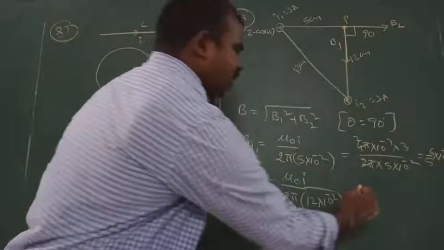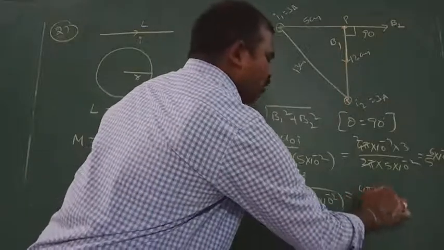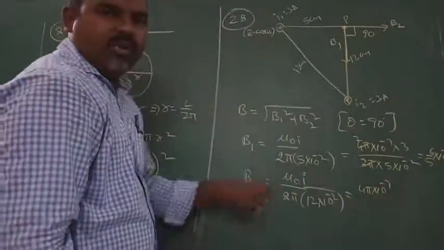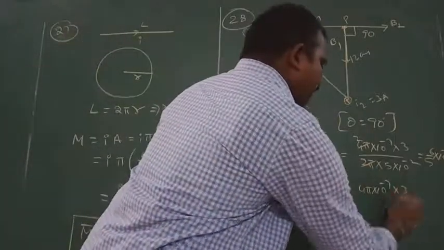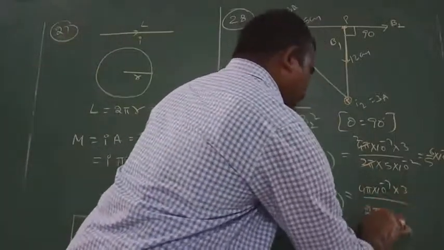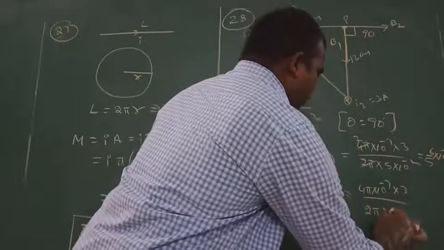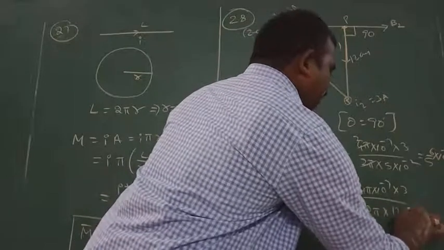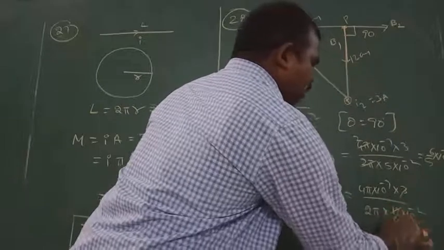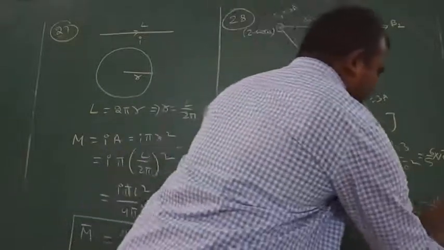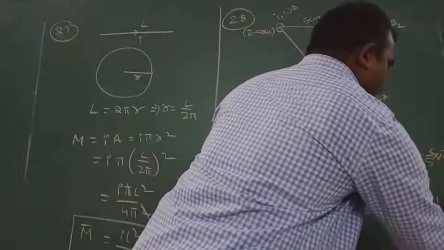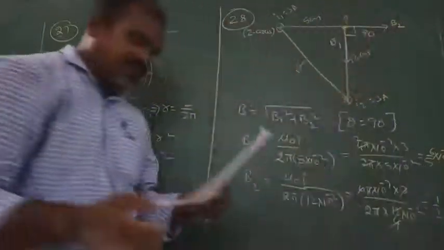Mu naught is 4 pi into 10 power minus 7, into 3 by 2 pi into 12 into 10 power minus 2. Simplifying, that is 1 by 2 into 10 power minus 5 tesla.